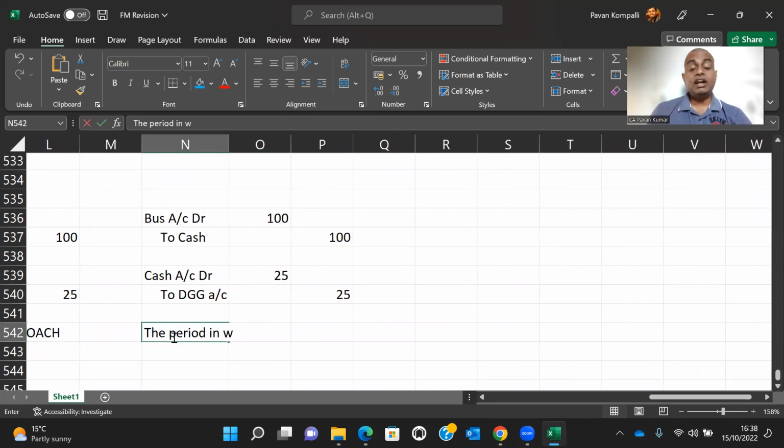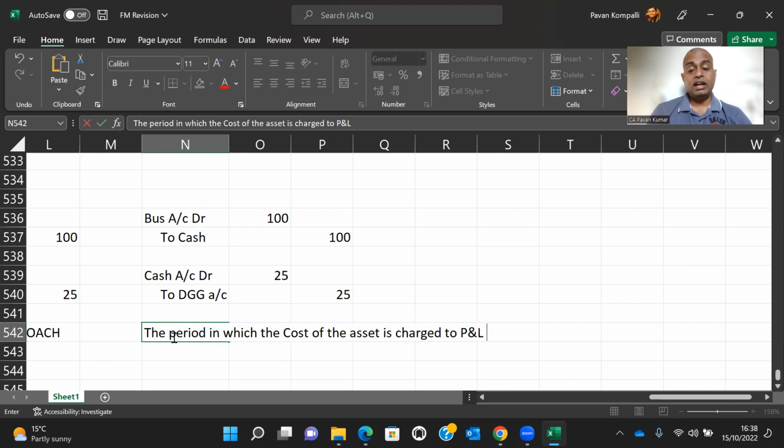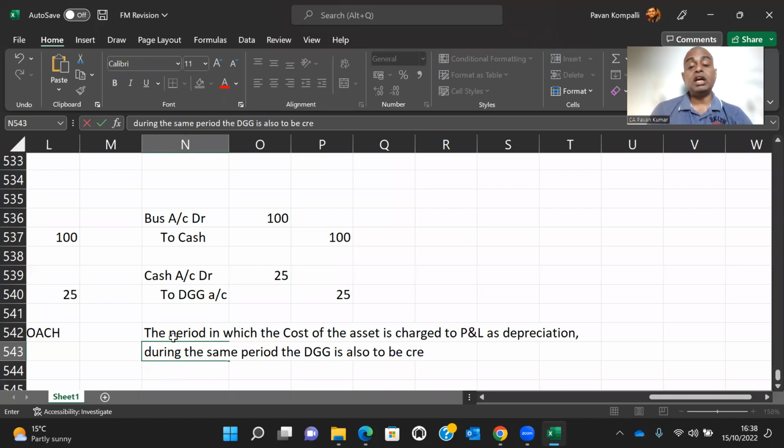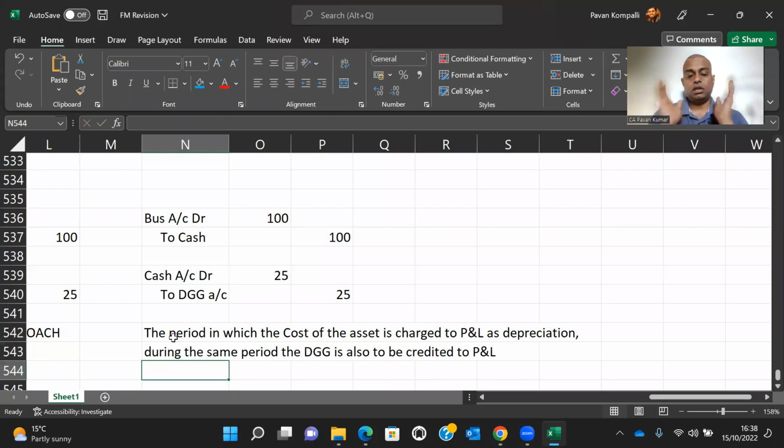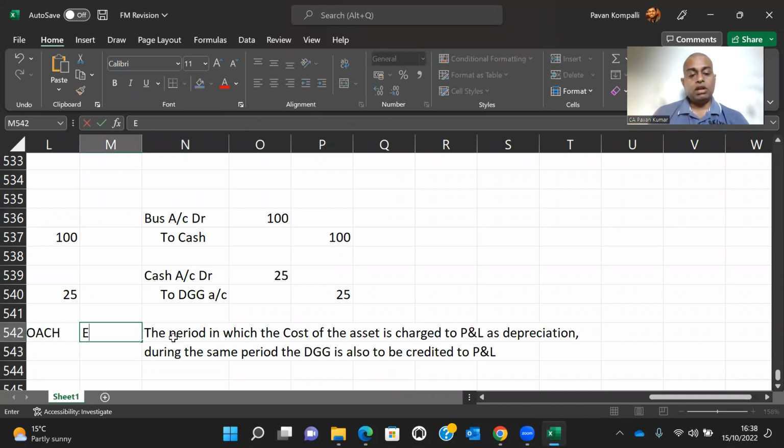The period in which the cost of the asset is charged to P&L as depreciation, during the same period, the deferred government grant is also to be credited to P&L. So this will be your depreciation expense. This will be your income.